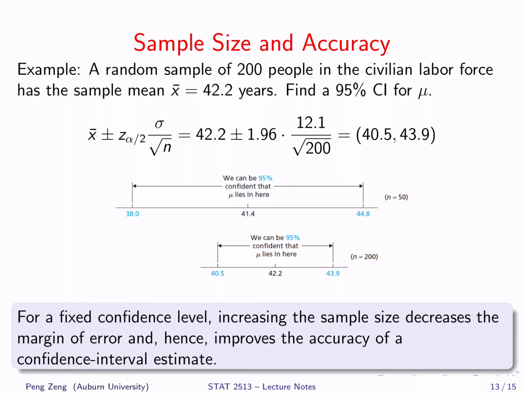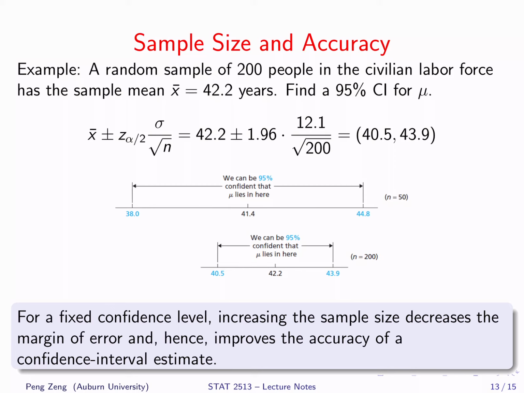This example illustrates the relationship between sample size and accuracy. Draw another sample of size 200. The sample mean is 42.2. Notice that this sample mean is different from the sample mean of the sample size of 50.